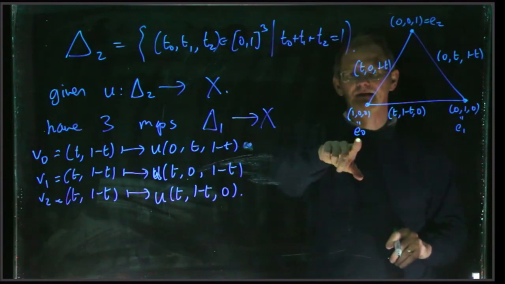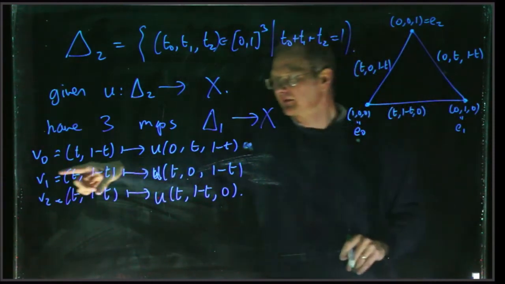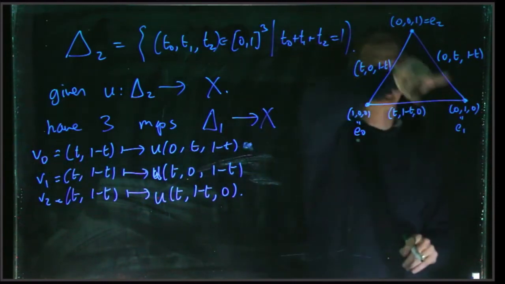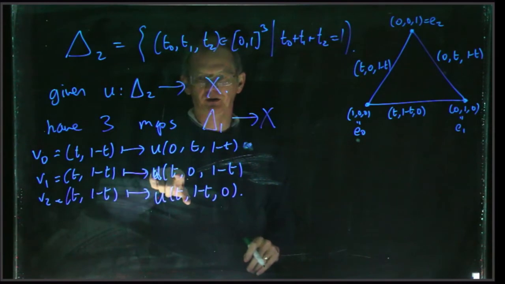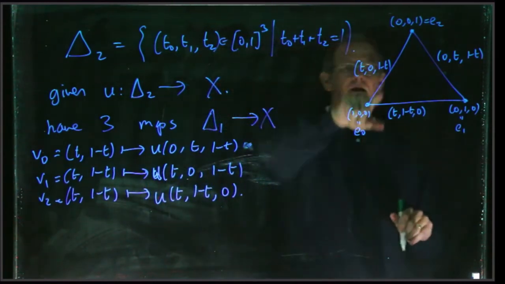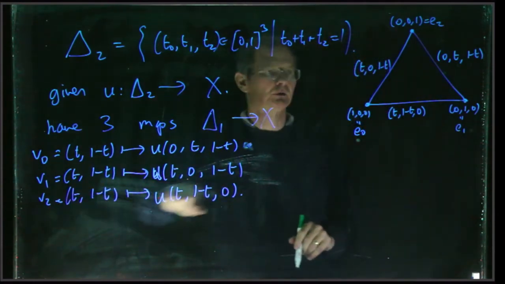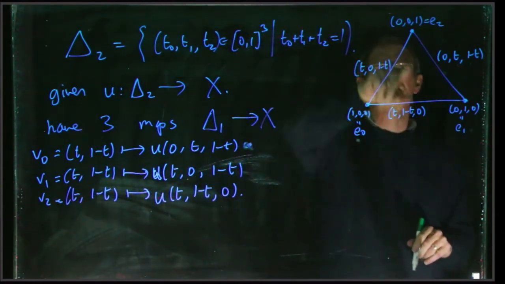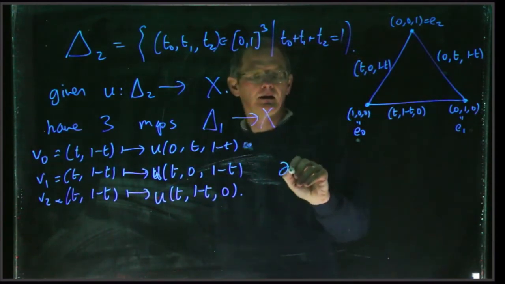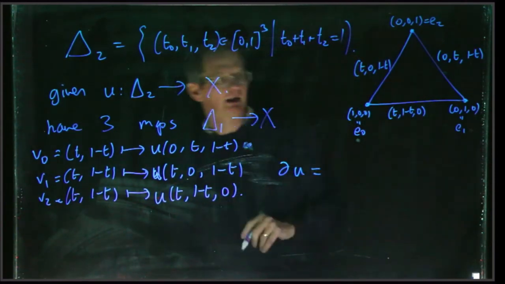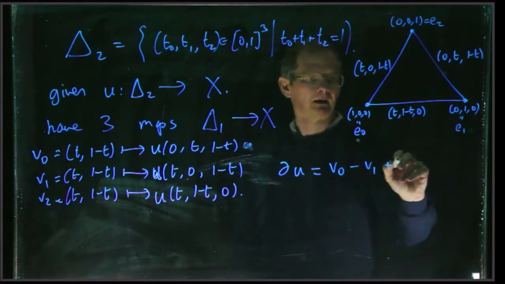You've got e0 here, and the edge opposite e0 is this one here, so v0 is running along the edge opposite to e0, and this v1, where I've got (t, 0, 1 minus t), that's this edge here. It's the one that's opposite e1, and v2 is the edge that's opposite e2, running along here, and the boundary of u is going to be v0 minus v1 plus v2.